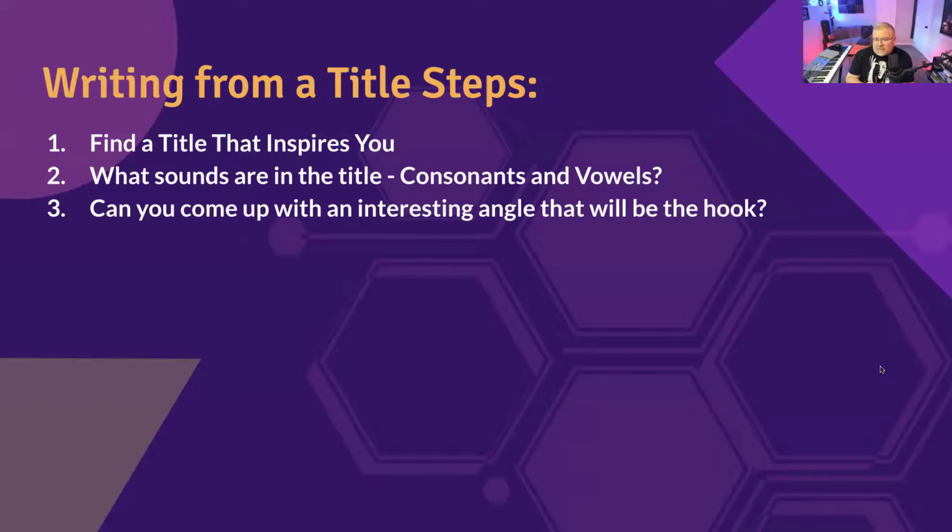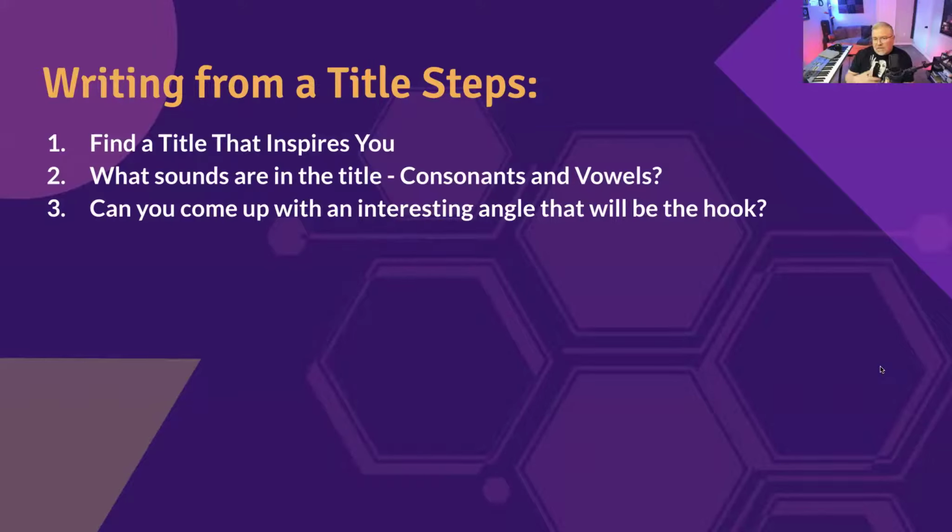Take your title and ask yourself, if I was writing about this title through the lens of fear, what would the story be? If I was writing this title through the lens of happiness, what would the story be?